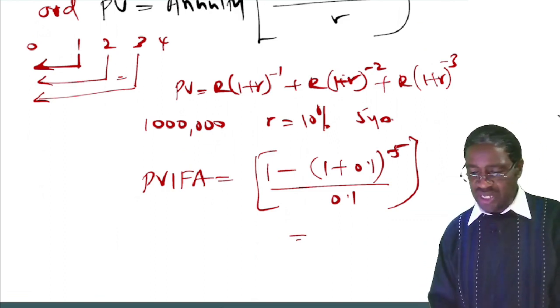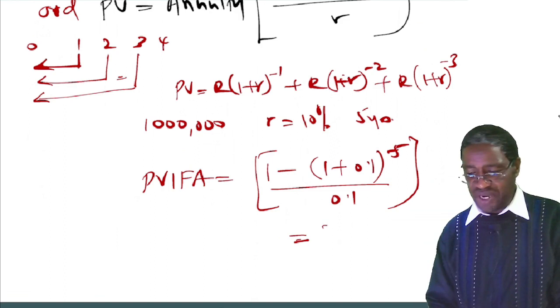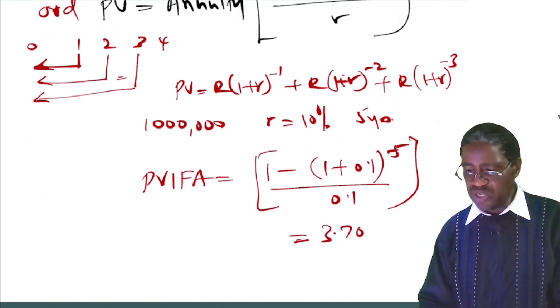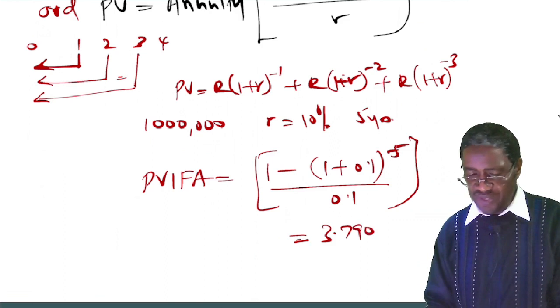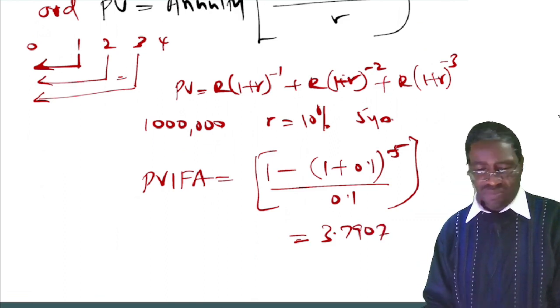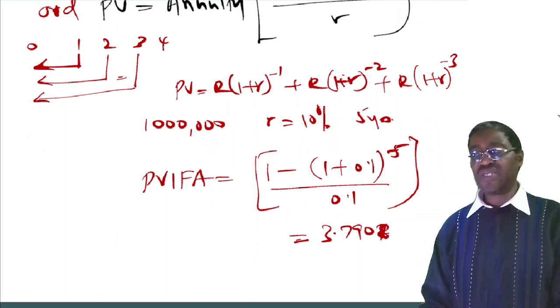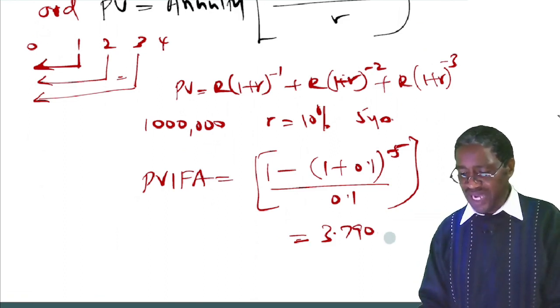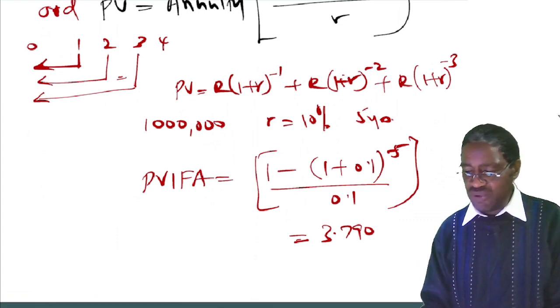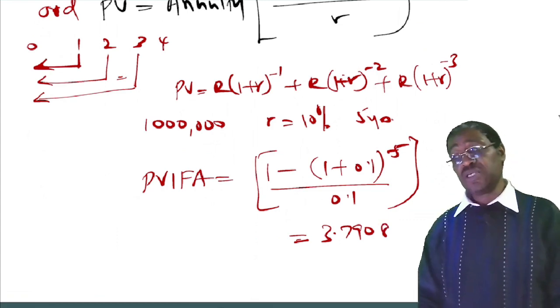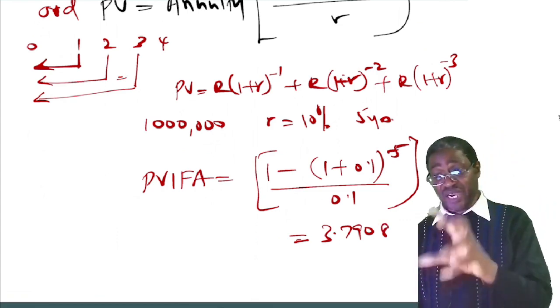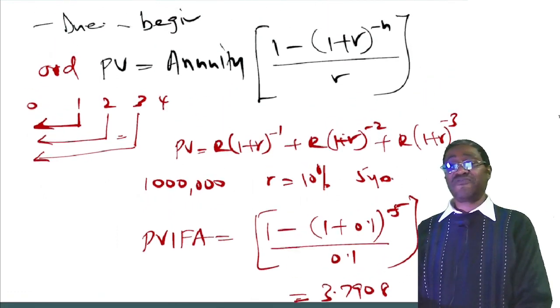From this calculation, I am getting a factor of 3.7907. No, make it 8 to 4 decimal places. Make it 8. Good. That is if I am using the calculator to get the discounting factor. And that is the formula.